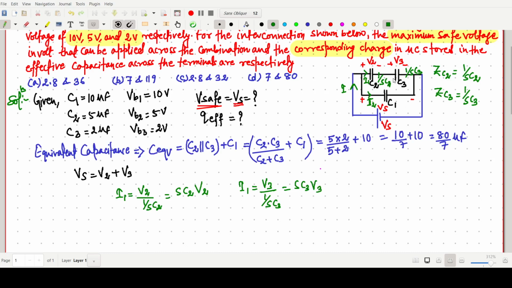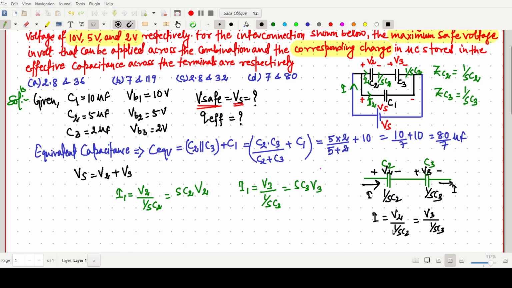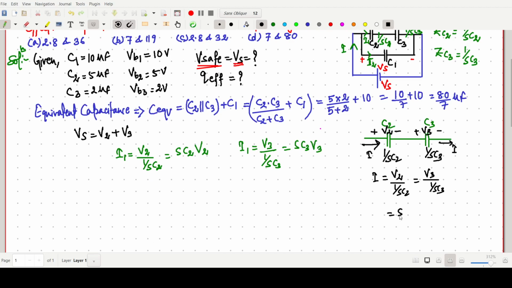Now both currents will be the same because C2 and C3 are in series. With corresponding impedances 1 by SC2 and 1 by SC3 and corresponding voltages V2 and V3, the same current I1 flows through both. So V2 by 1 by SC2 equals V3 divided by 1 by SC3, that is SC2 V2 equals SC3 V3.